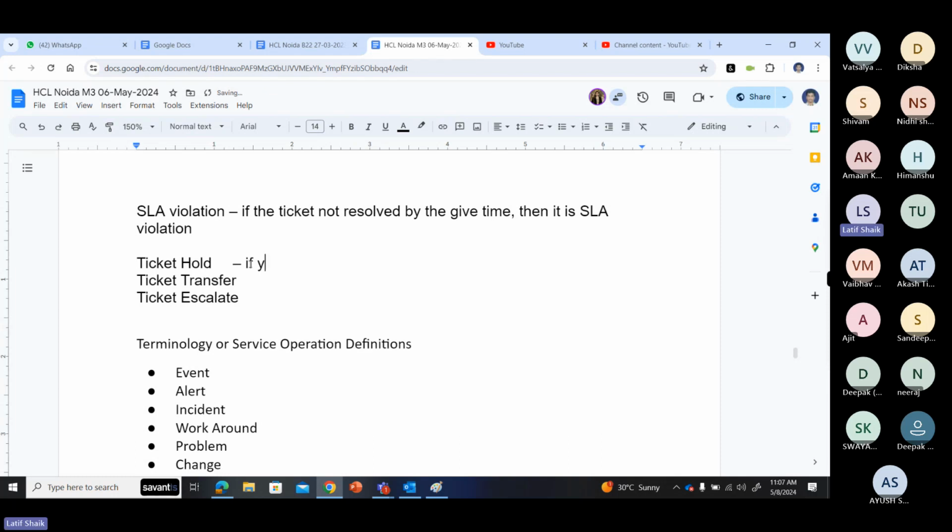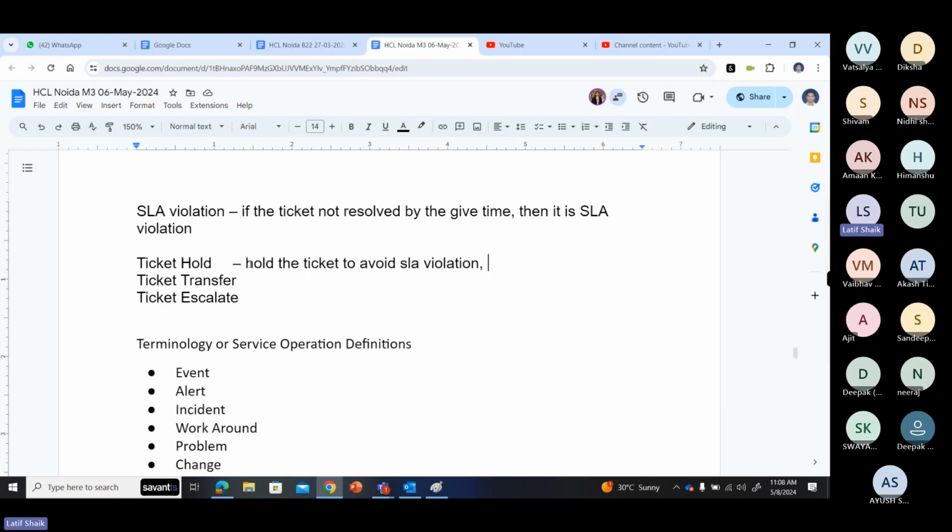Guys, do you understand what ticket holding is? Yes, sir. We hold the ticket to avoid the SLA violation.